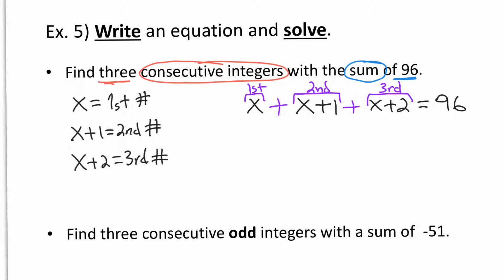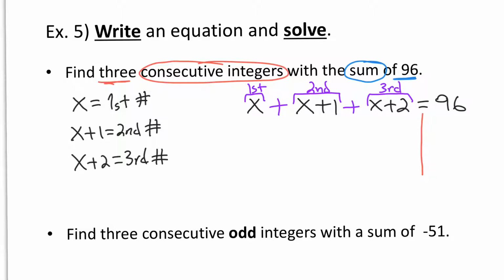So let's go ahead and solve for x. Here's what we do. We don't have parentheses, we don't have fractions, but we do have like terms. You know what like terms are: variables that have the same letter. So let me put the line right here. On the left side, we have an x, an x, and an x.